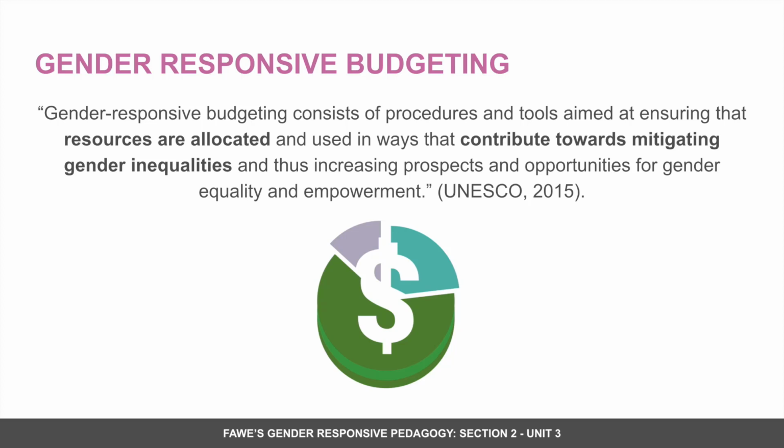UNESCO 2015. As a gender-responsive school, school administrators should review existing budgets and/or create new budgets with gender in mind. However, it is essential to be aware that gender-responsive budgeting is not about creating separate budgets for girls or women.